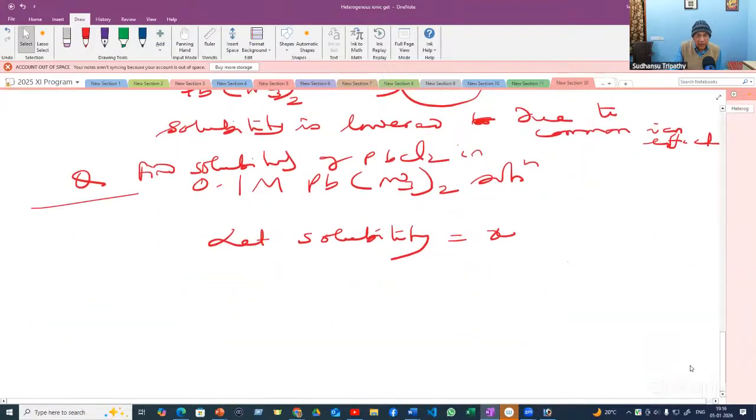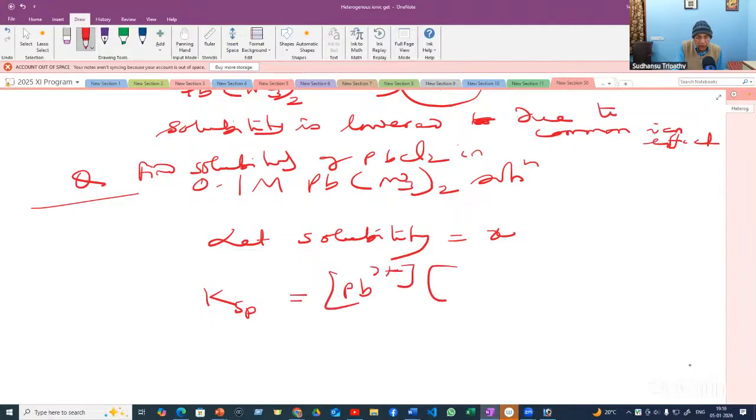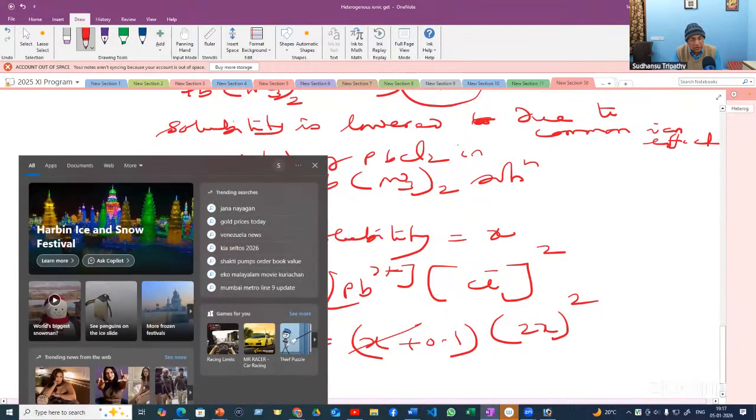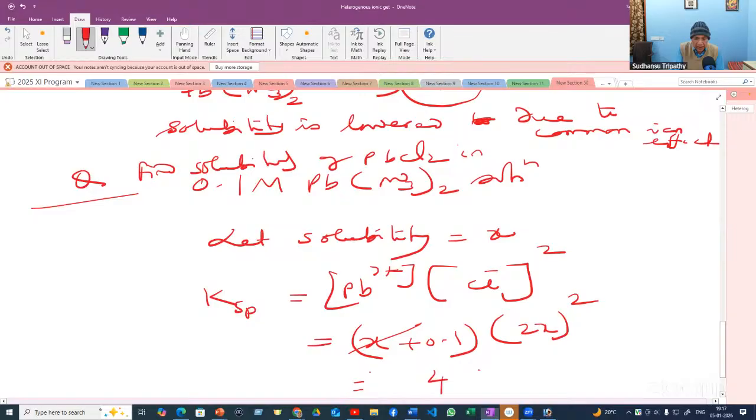Therefore, when you write Ksp, lead ion concentration into chloride ion concentration squared, this is (X + 0.1) into (2X)^2. So here you have to approximate that in the face of 0.1, X is negligibly small. So you can reduce the cubic equation to a quadratic equation by neglecting X in the parenthesis. Simply it is 4X^2 into 0.1 equal to, supposing it is 10^-11.